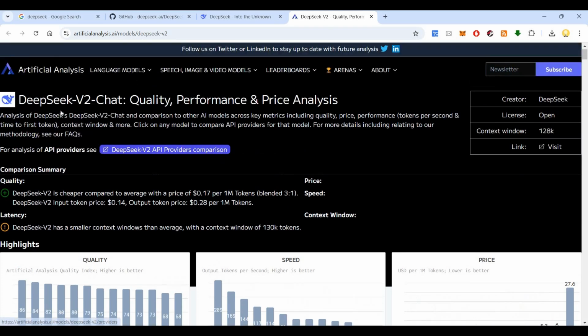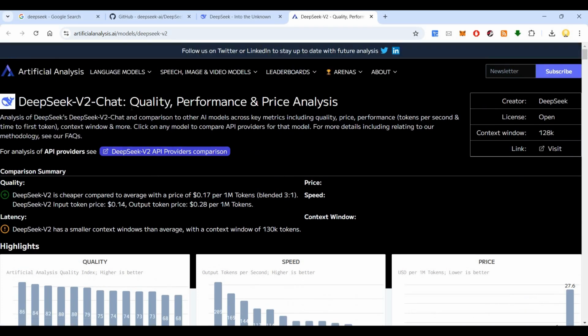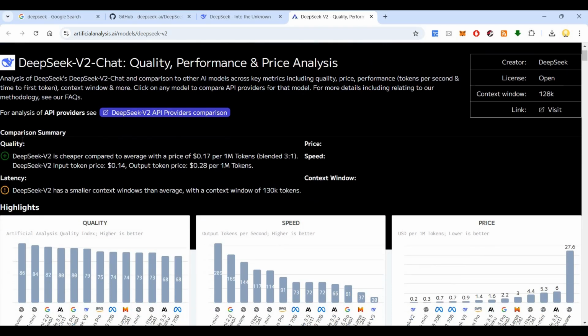So now let's look at DeepSeek V2 Chat. We'll look at quality, performance, and price analysis. In the comparison summary, DeepSeek V2 is cheaper compared to average, with a price of $0.17 per 1 million tokens.